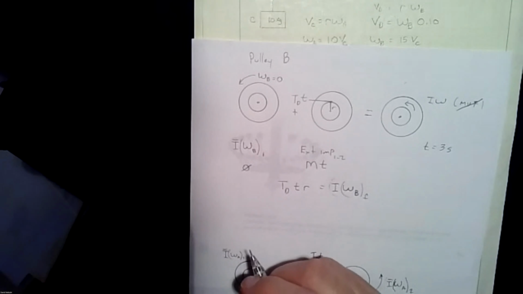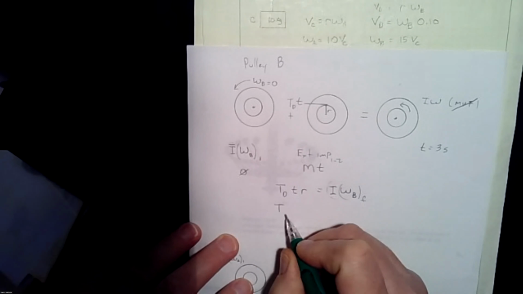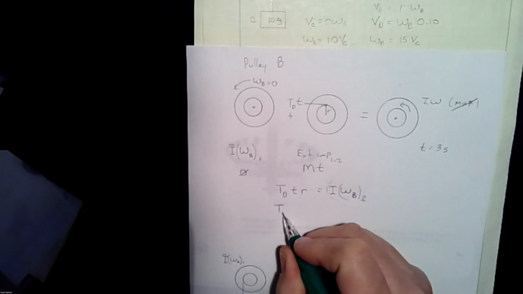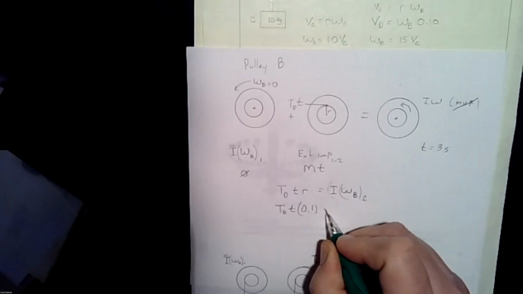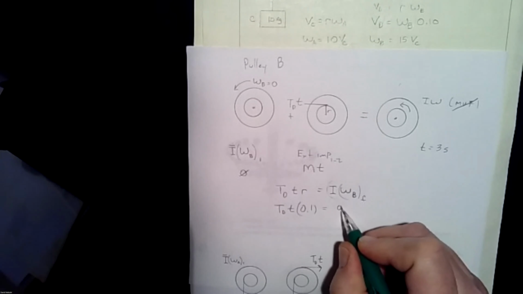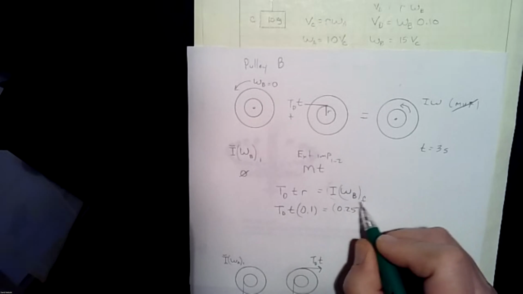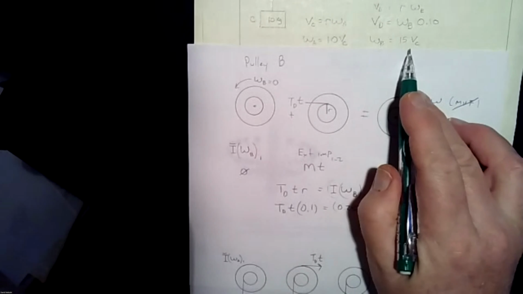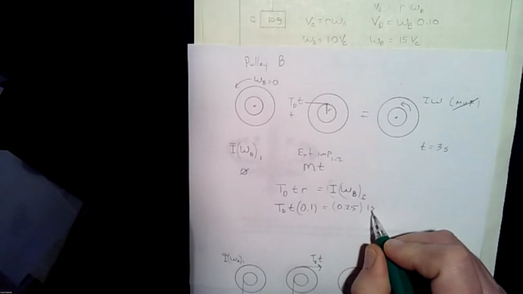So if we go ahead and plug in a few things, we can simplify this, because we know that this is going to be tension D times time times 0.1, and that's going to equal 0.25, right? Because we were given the I for this value. And then we know that omega B, as I found up here, is 15 VC. So I'm just going to write times 15 VC.